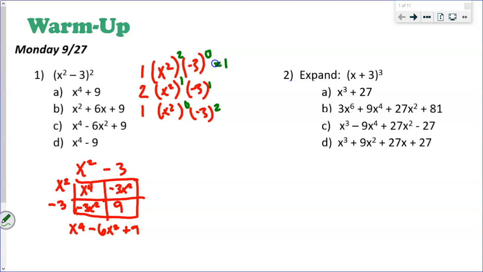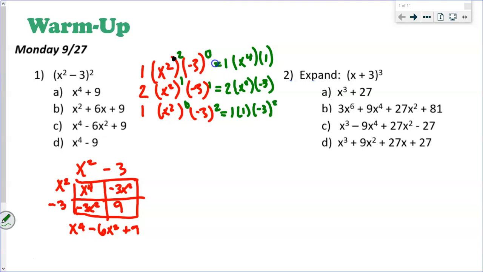And remember, we're multiplying right here, guys. 2 times 2, okay? So this is going to be times x to the fourth. And then 1 again, because anything to the 0 power is 1. 2, and then we got x squared, and then times a negative 3. And then here we have 1, again, anything to the 0 power is 1, and then this is going to be negative 3 to the second.